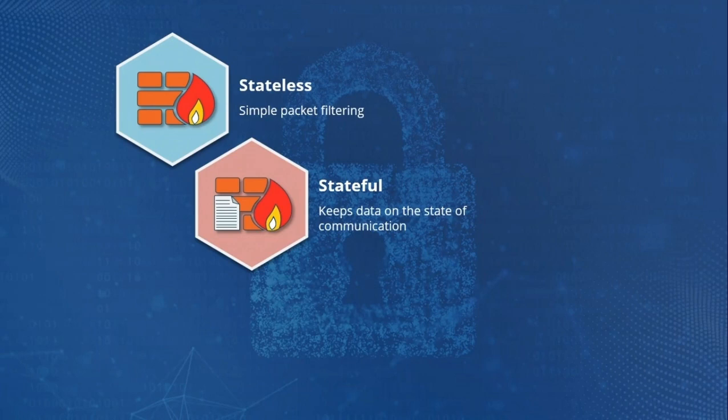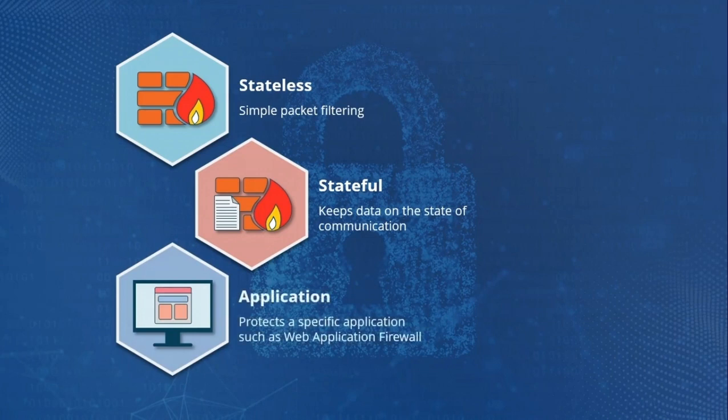Now beyond that, we can enhance firewalls, such as application firewalls. They normally have the stateful activities, that stateful packet inspection, but they add to it specific protections at the application layer for some specific application. The classic example is a web application firewall, or WAF.